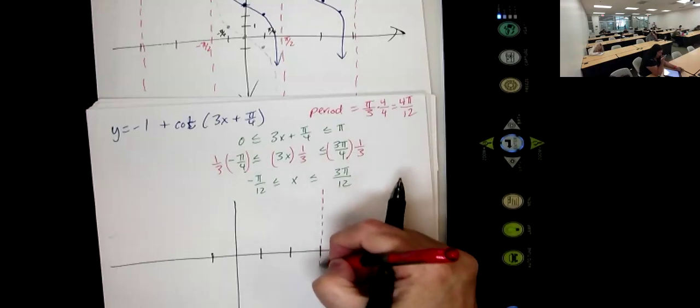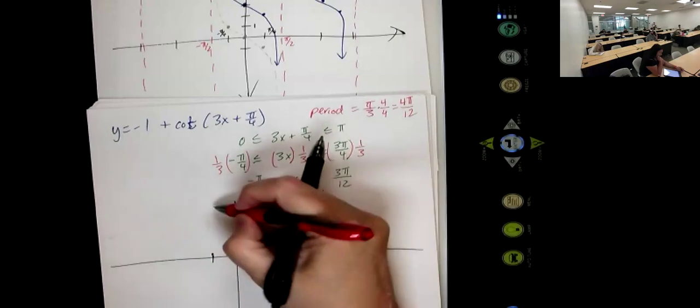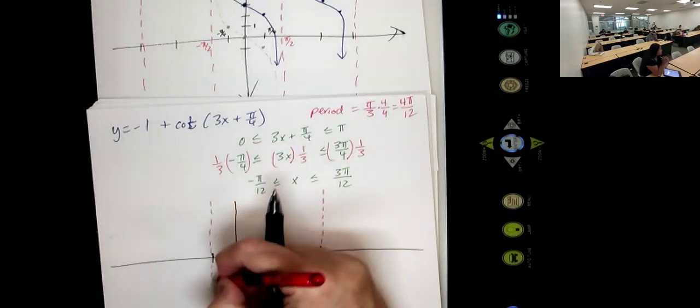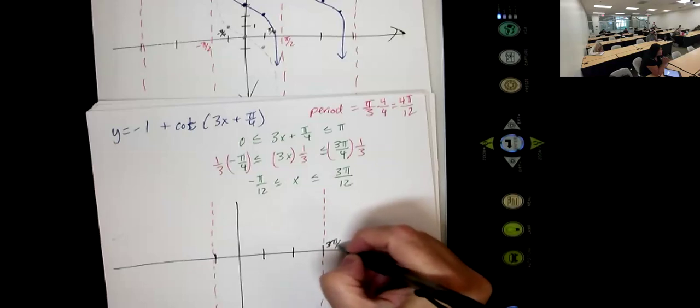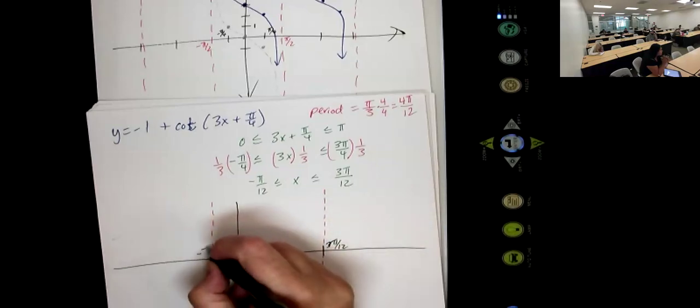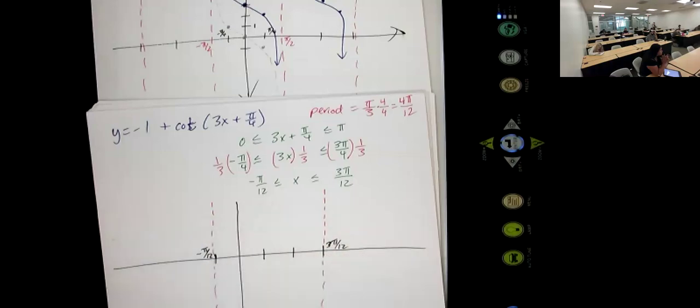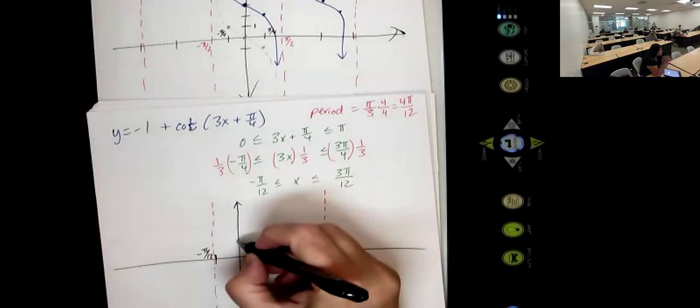So my little markers are pi over 12 steps. That'll be 3 pi over 12, and this will be negative pi over 12. And that has conveniently broken up our range into 4 values already.